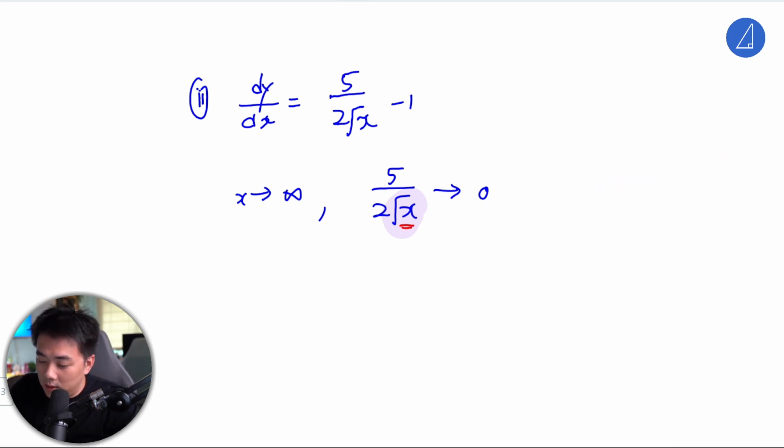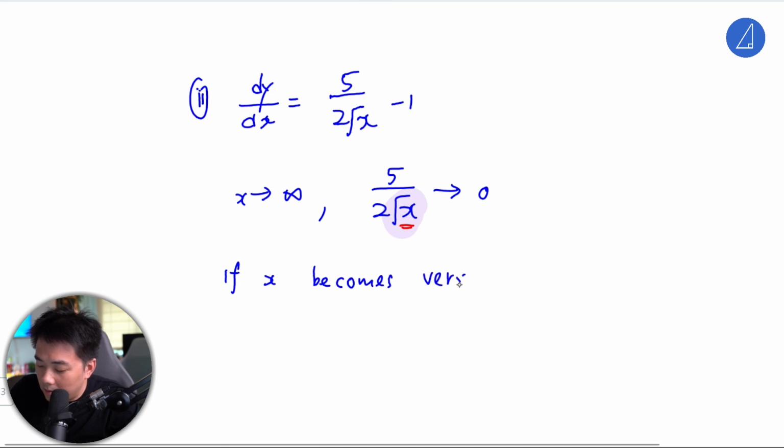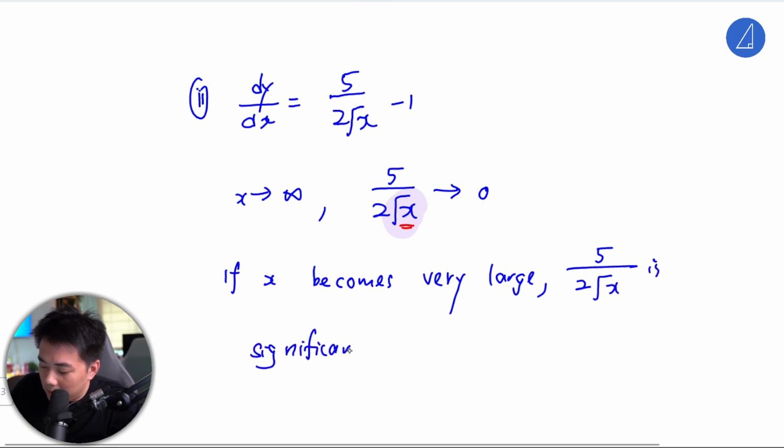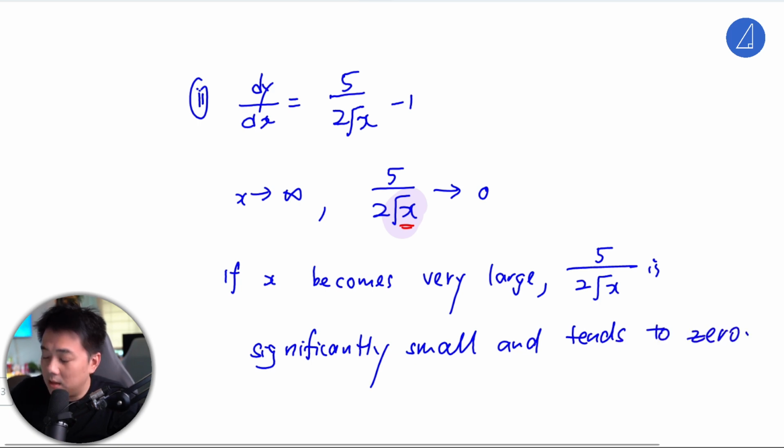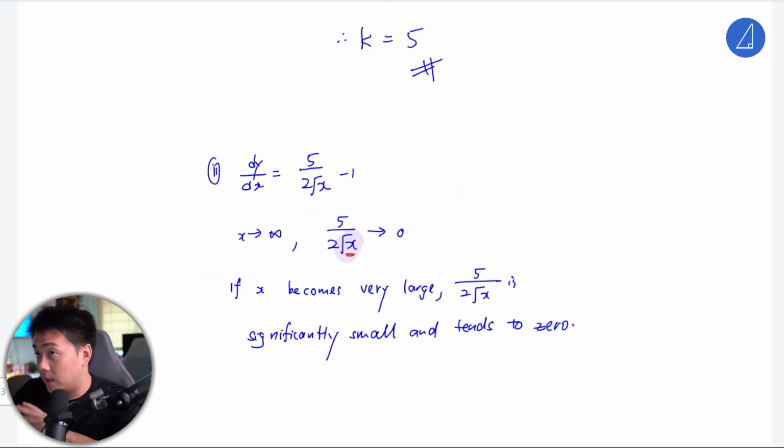Okay, so essentially what you can say is, if x becomes very large, 5/2 root x is significantly small and tends to 0. Okay, this is what we call limits in mathematics.